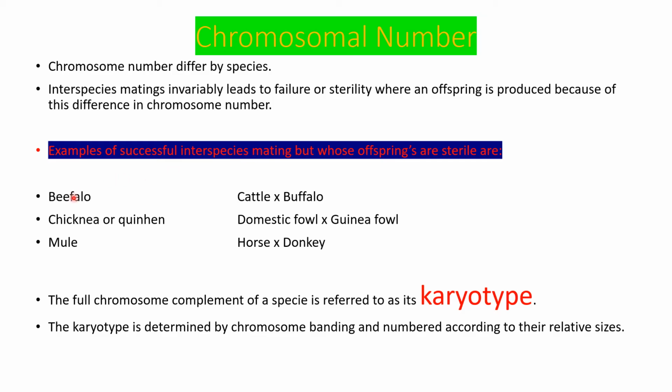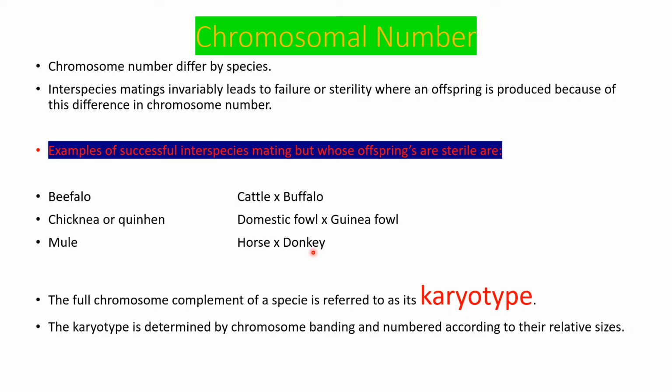Just three examples: we have the buffalo, when cattle is mated to buffalo; chickney or queen hen, when domestic fowl is mated to the guinea fowl; and the mule, a mating involving horse and donkey.